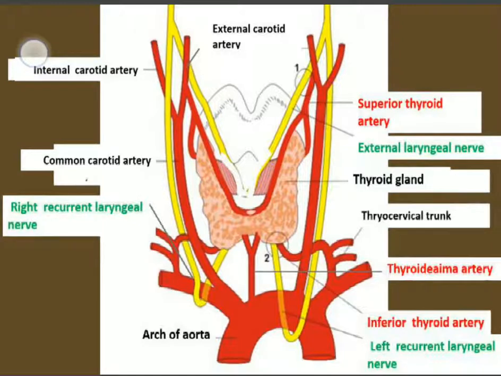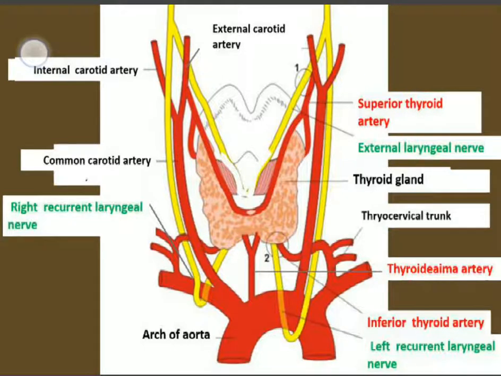So the external carotid artery would give the branch, that is the superior thyroid artery, which is the first anterior branch of the external carotid artery. It runs downwards and forwards. See, it is running downwards and forwards, and it divides into anterior and posterior branches. This is the anterior branch and this branch is the posterior branch.